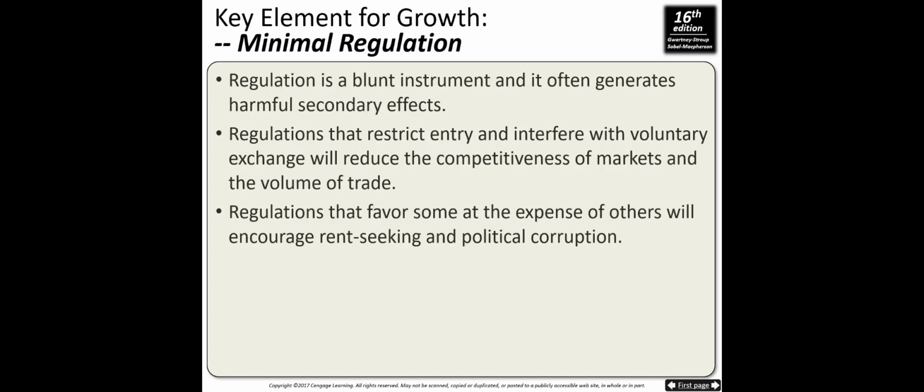The next one is minimal regulation. Regulation is a blunt instrument and it often generates harmful secondary effects. Regulations that restrict entry and interfere with voluntary exchange will reduce the competitiveness of markets and the volume of trade. Regulations that favor some at the expense of others will encourage rent-seeking and political corruption.